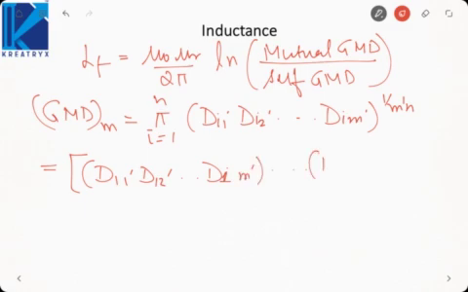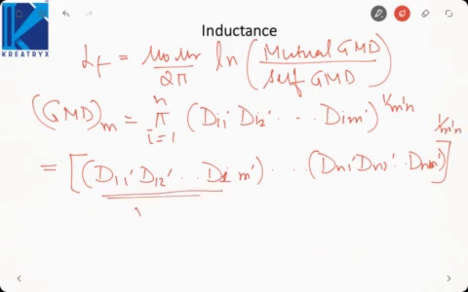Then take it up to n, n1 dash n2 dash up to nm dash raised to the power 1 by m dash n. Now see, in each bracket we have m dash terms. And how many brackets are like this? 1, 2, 3 up to n. So total terms will be m dash into n. The same we are raising the 1 upon power. Power is equal to 1 upon number of distances inside the bracket. That means it has the units of a distance. Similarly, we can expand self GMD.